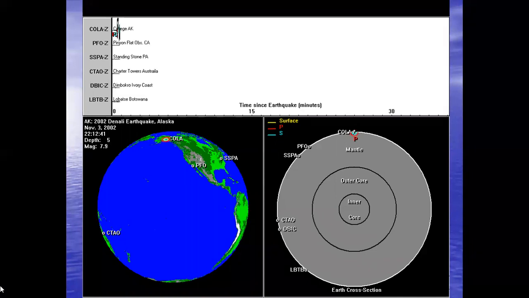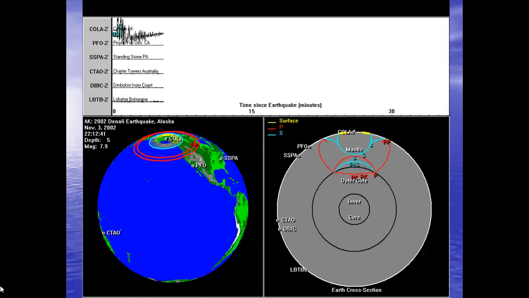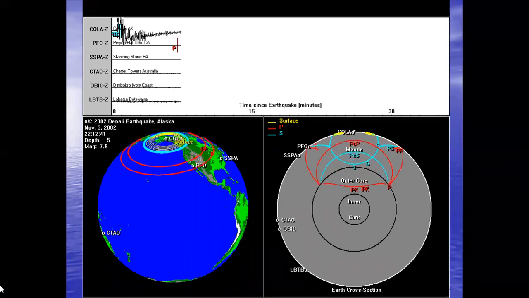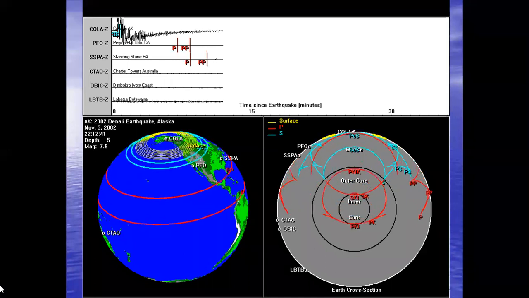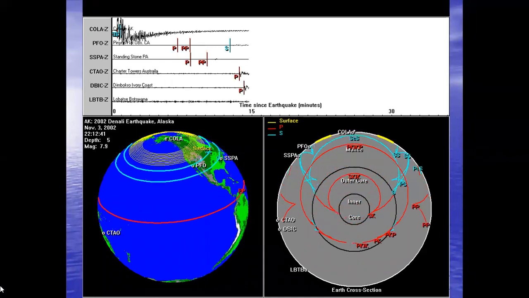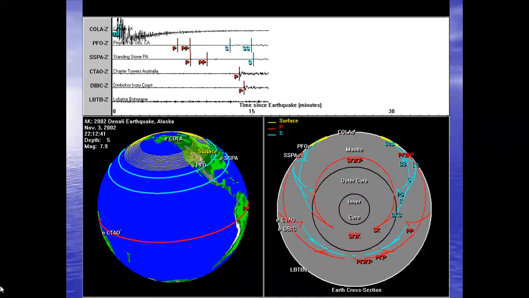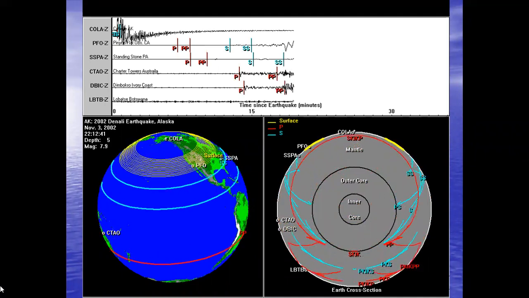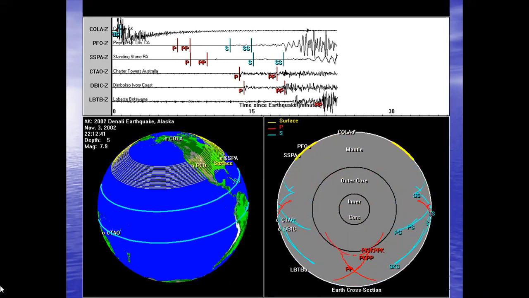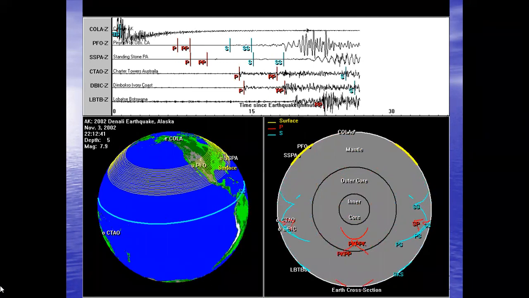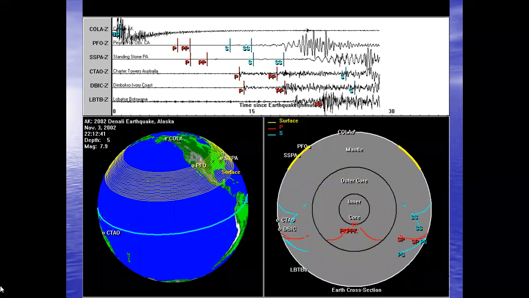Now you can see that on the surface, we have P waves, which can easily penetrate the outer core, inner core, and the mantle. While S waves cannot pass through liquid, so we can say that the mantle is semi-liquid, while the outer core is liquid material.